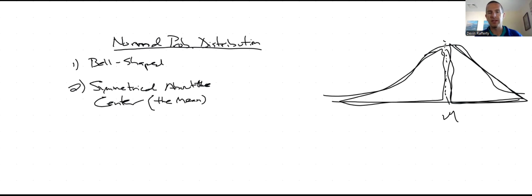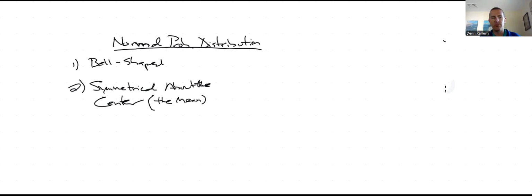So if you divide this down the middle, this will be equal to this. So we have a bell-shaped curve that is symmetrical about the mean, or about the center. That's the second characteristic of the normal probability distribution.